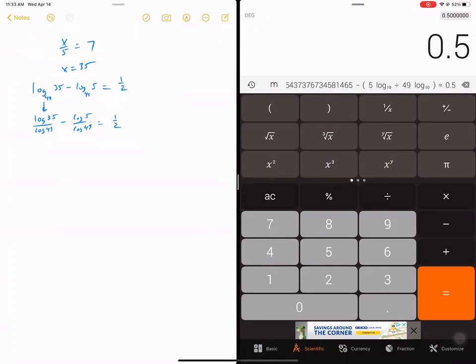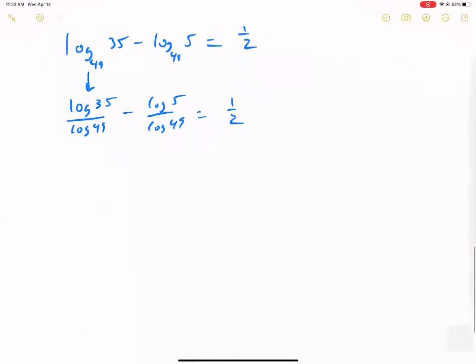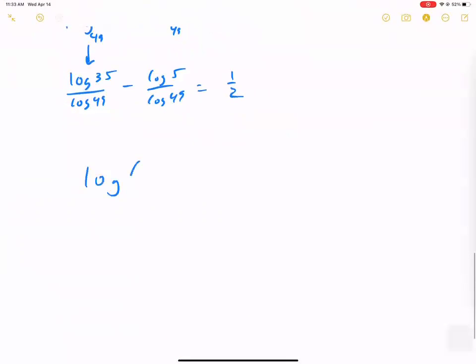Okay. What if the logs are nice and set up for us? What if I end up with a bunch of logs here? If I say log of x plus 8 and log of 5x. Okay, let's say these are equal to each other. Now for this problem, we could get logs on one side, or if you remember, what's the inverse of our log?